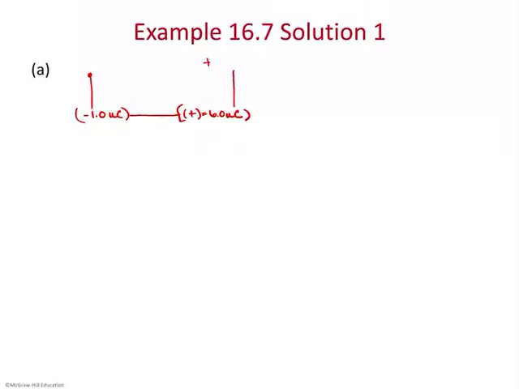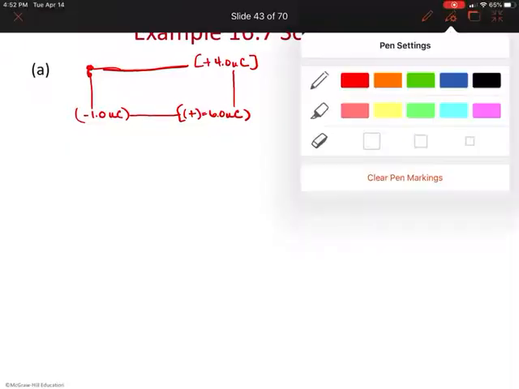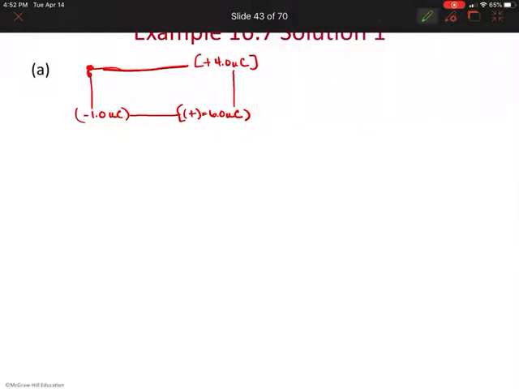And then it goes up here to another positive charge, which is 4 microcoulombs. And it goes over here to this point right here. So it was a little bit off my drawing. Imagine that.